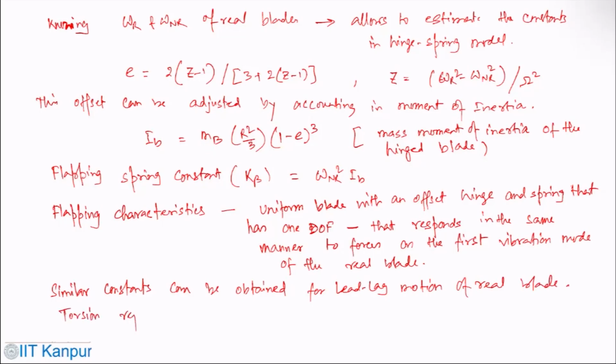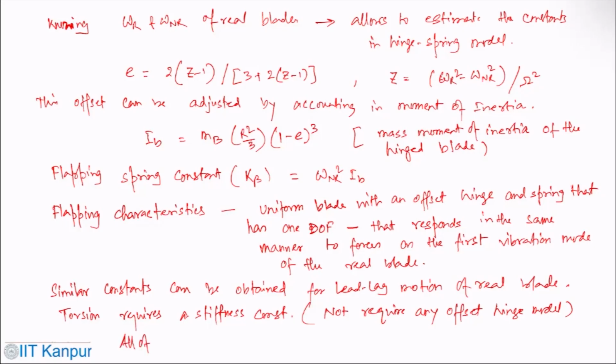Torsion requires a stiffness constant, and does not require any offset hinge model. So with all these constants, the blade model allows for 3 degrees of freedom, which are flapping, lead lag, and torsion.